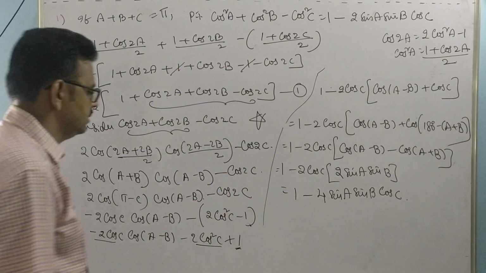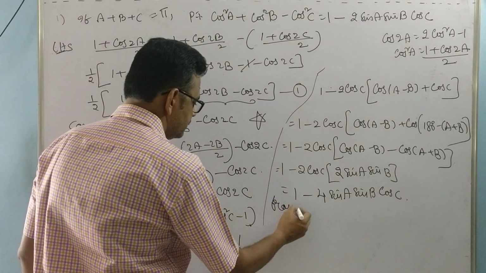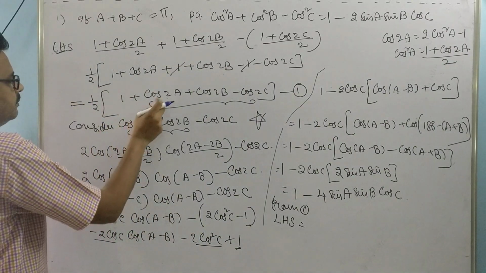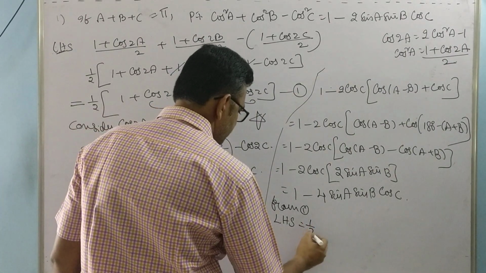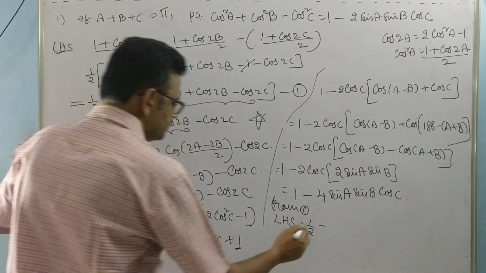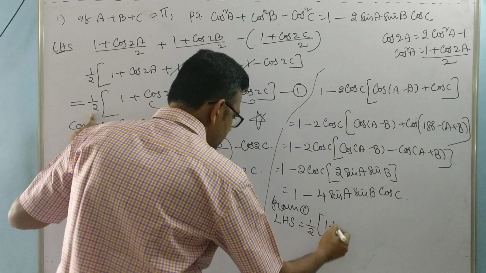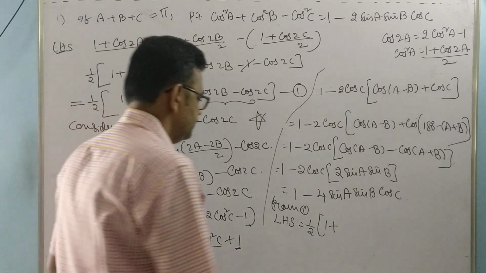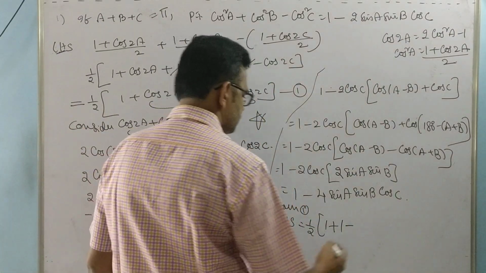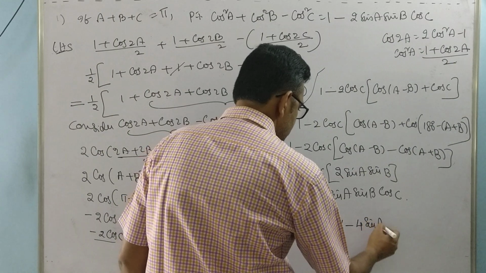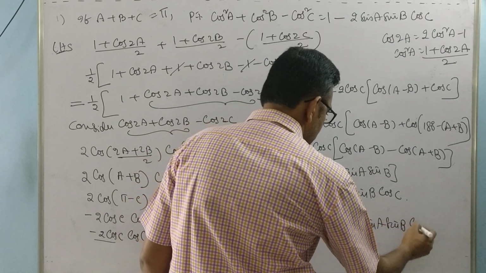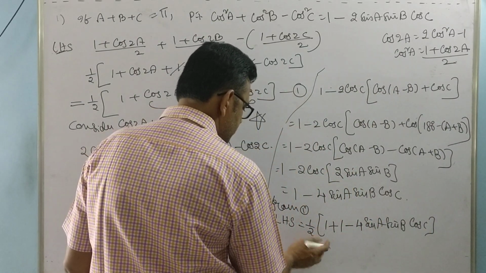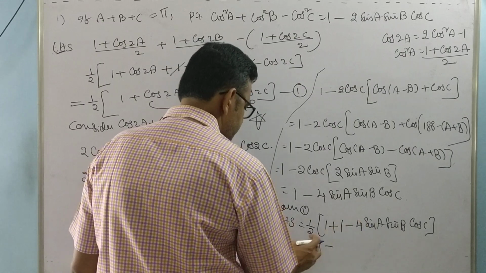From 1, LHS is equal to 1 by 2 into 1 plus, in place of this, 1 minus 4 sin A sin B into cos C. If I multiply, 1 plus 1 is 2, 2 by 2 is 1, and minus 4 by 2 is 2.